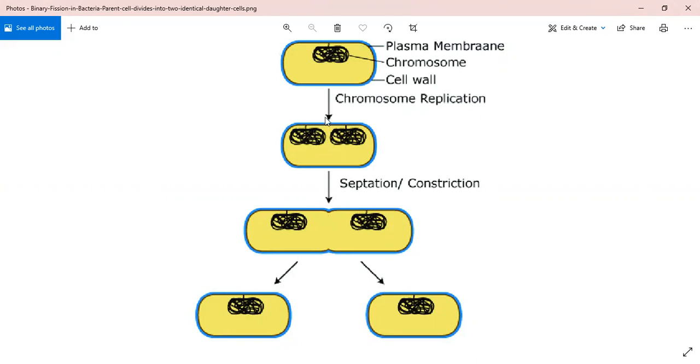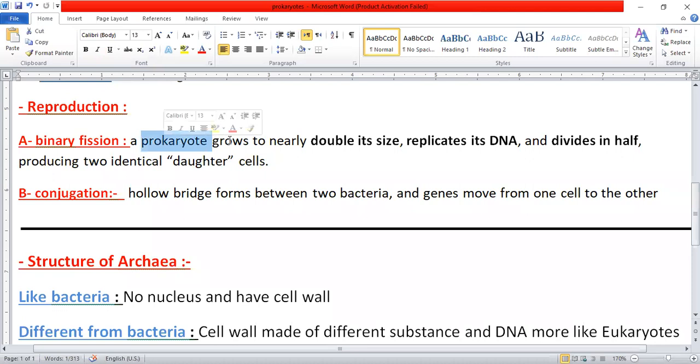Okay, this is called binary fission. So prokaryotes like bacteria grow to double their size, then replicate their DNA, then divide in half, producing two identical daughter cells. So here we produced two identical new bacteria.